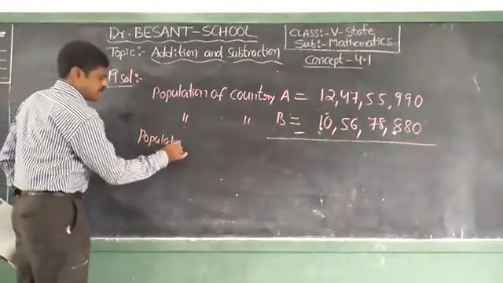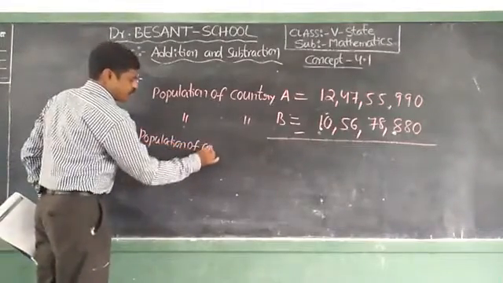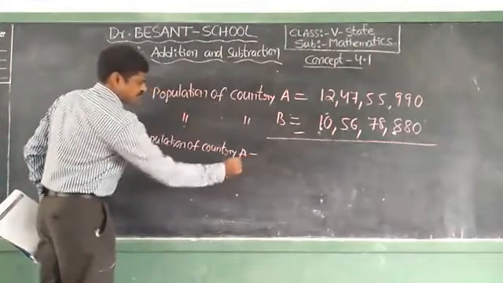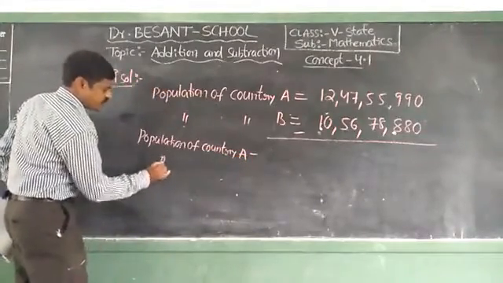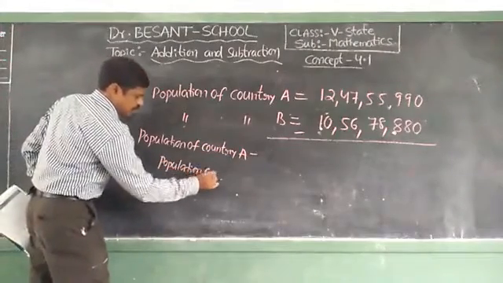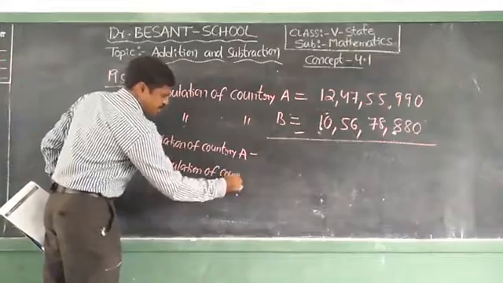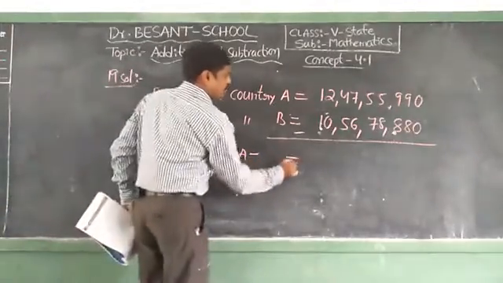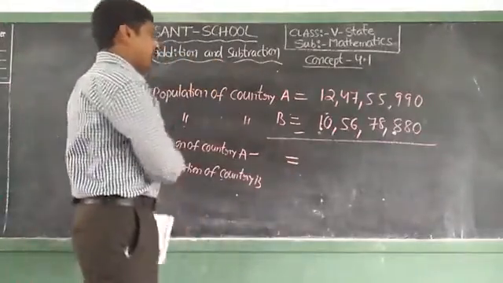Population of country A minus population of country B, that is equal to, we have to subtract.